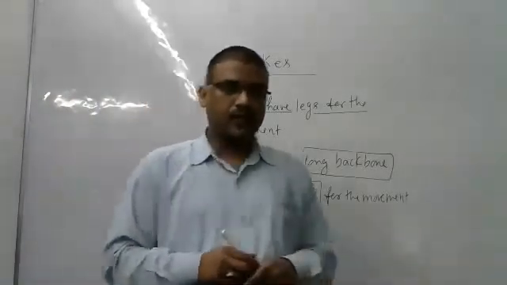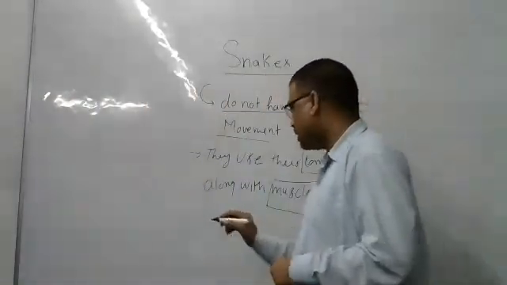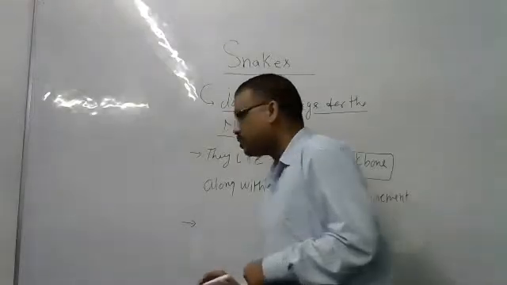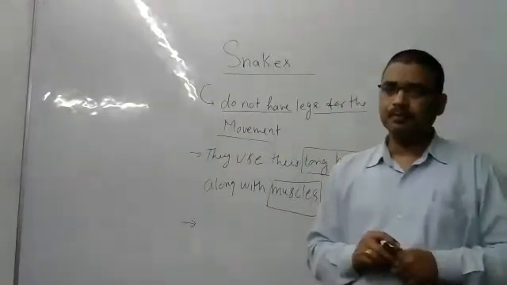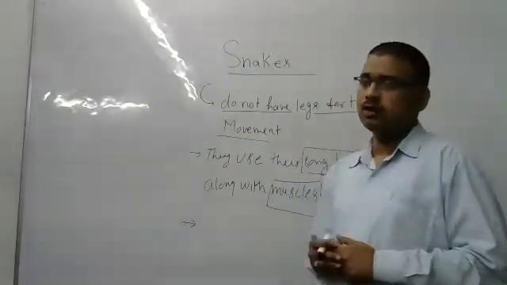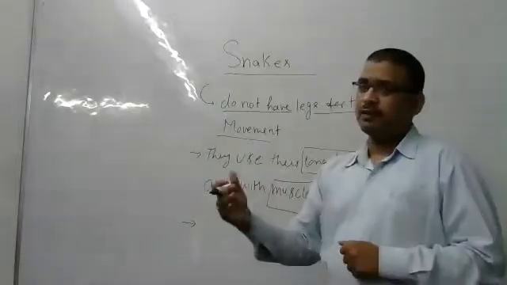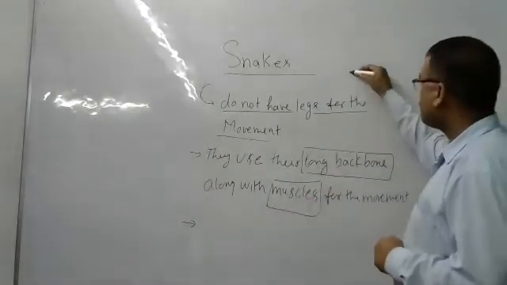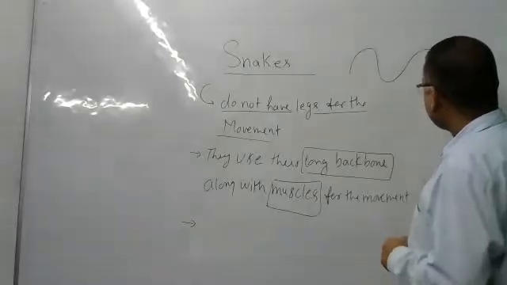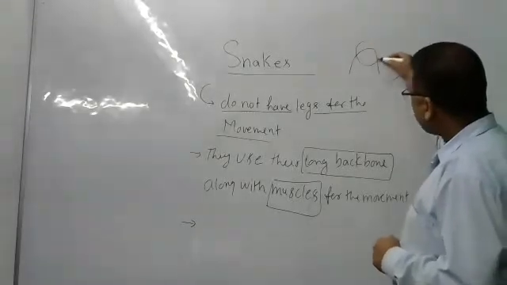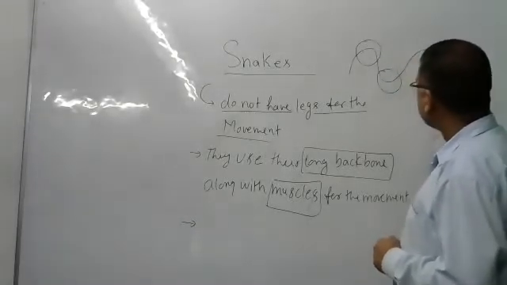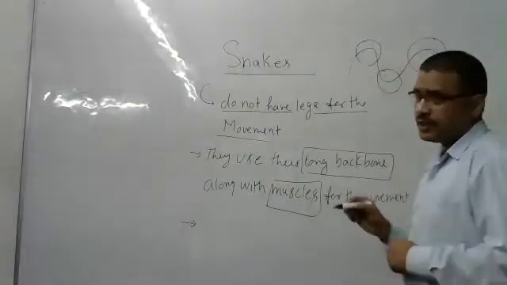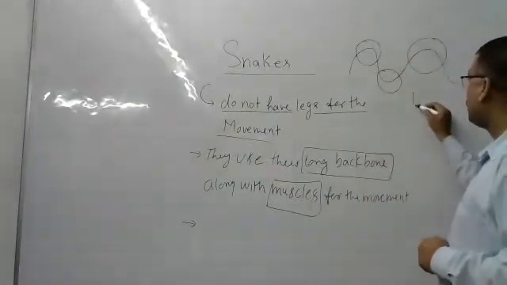Now there is a third point, which is also important. How does this snake change its position? In the body of this snake, this curve kind of thing which you can see here is called a loop.